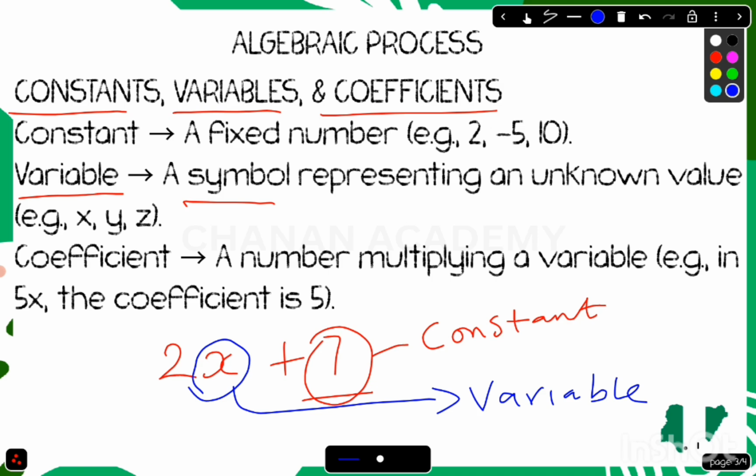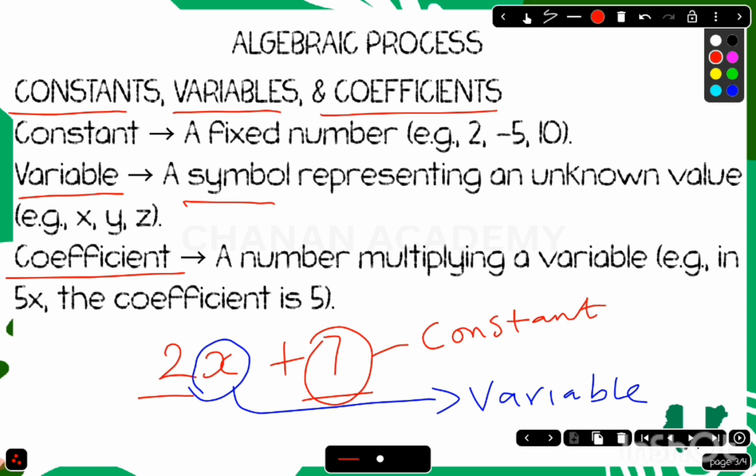And then we have the coefficient. The coefficient is a number multiplying the variable. For example, 2. In this case, 2 is multiplying x, which is the unknown and is a variable. So 2 is the coefficient of this.